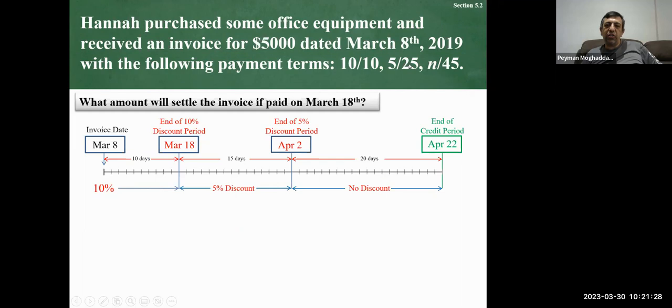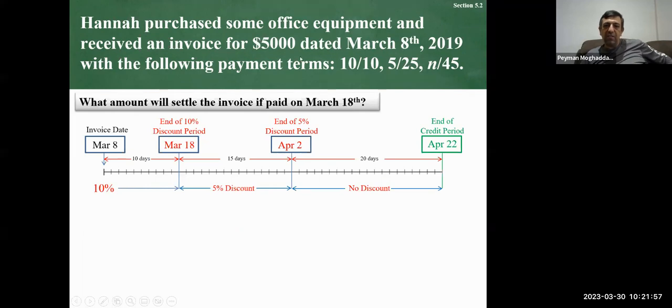Now you go back to the question. What amount will settle the invoice if paid on March 18? March 18 is the last day of the 10% discount. Make sure this belongs to 10%, this belongs to 5%, and this belongs to no discount.